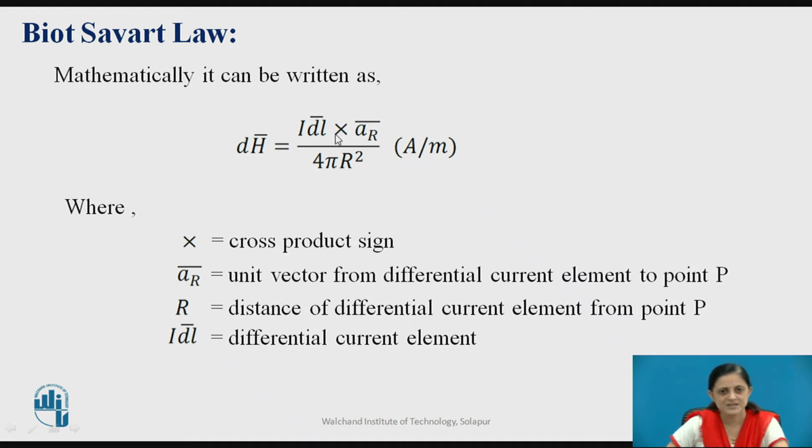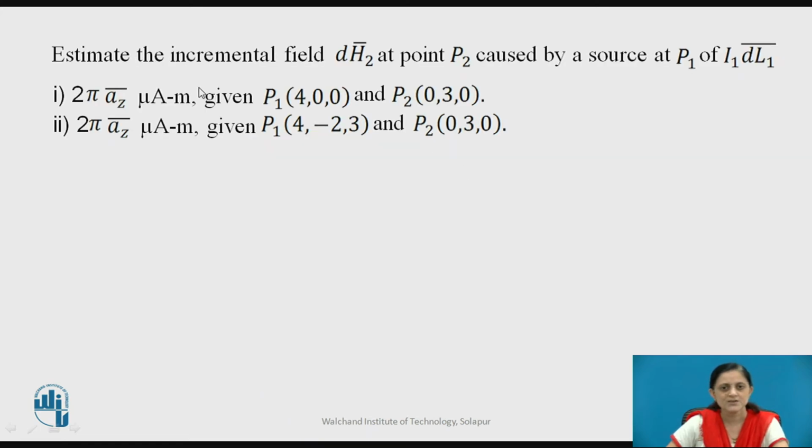It's not a simple multiplication, so we are taking the cross product between I dl bar and a bar R. a bar R is the unit vector from the differential current filament to the point of interest P. 1 upon 4 pi is the proportionality constant. R is the distance of the differential current filament from the reference point P, and I dl bar is known as the differential current element, or it is also known as the differential current filament. Now let us check one of the problems on this Biot-Savart law.